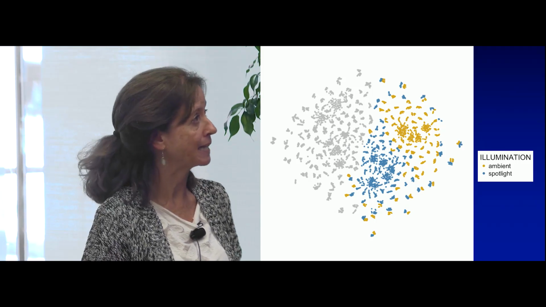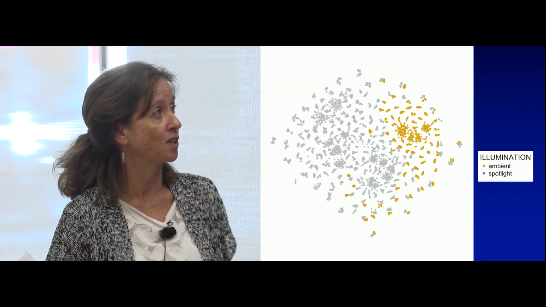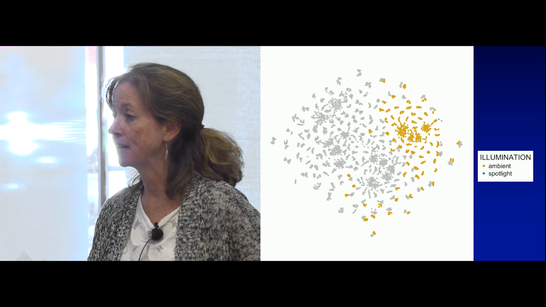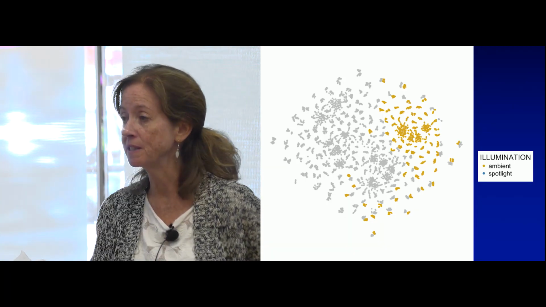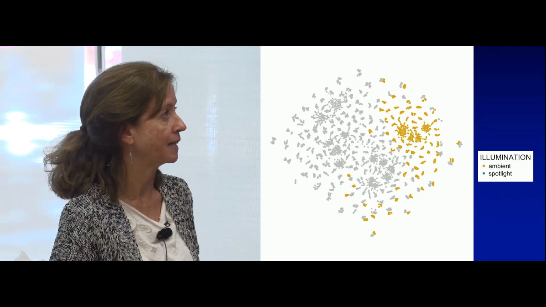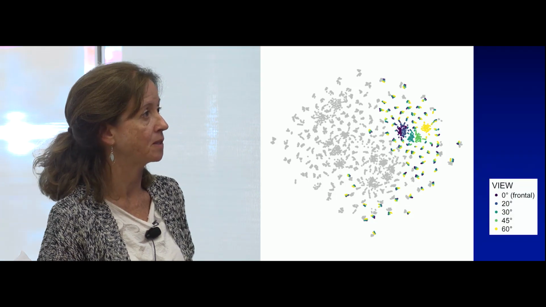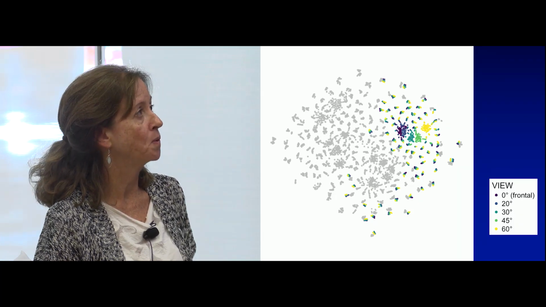Okay, so when you can't tell the identity, there is some aspect of clustering these anti-caricatures with weak identity strengths with every other one that's lit the same way. Image properties are more salient in this case when the identity is weak. And again, here we see the same idea with viewpoint.